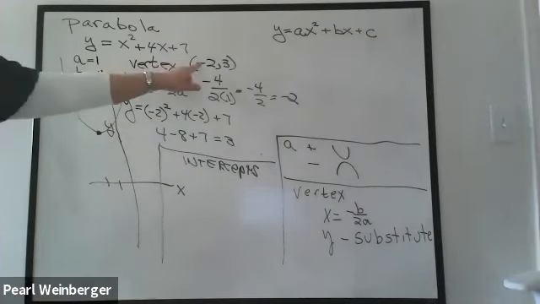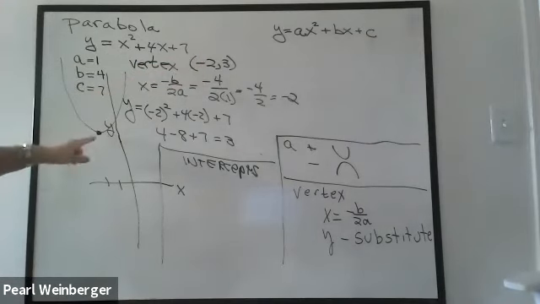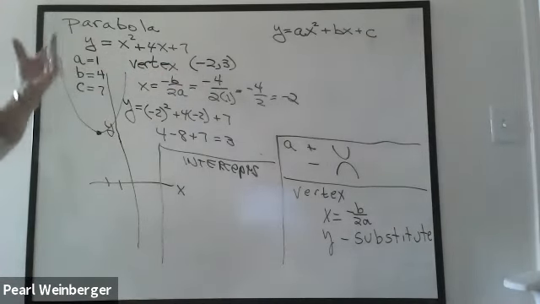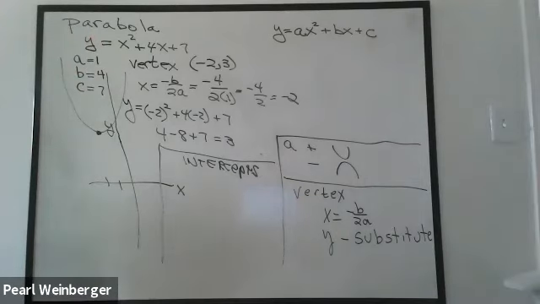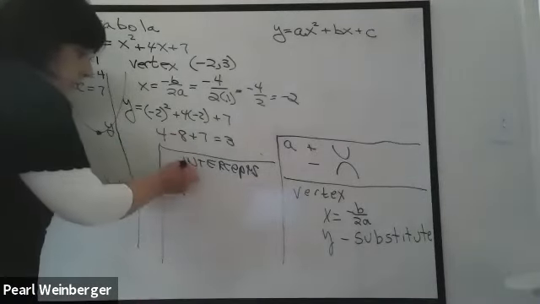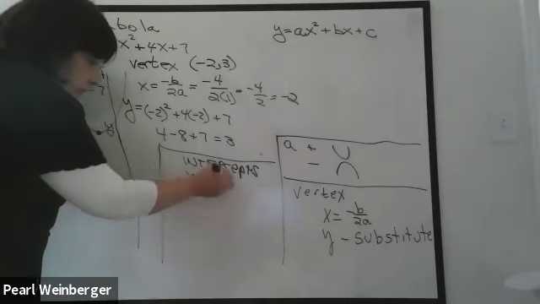The minimum point is negative 2, 3, which means it's above the x-axis. And therefore, it's not crossing the x-axis at all. It has no x-intercepts. But it does have a y-intercept.